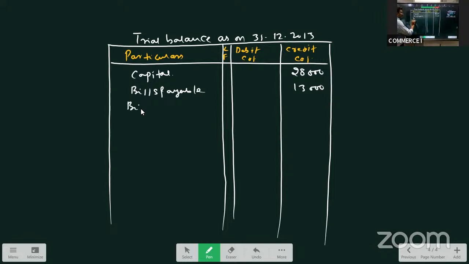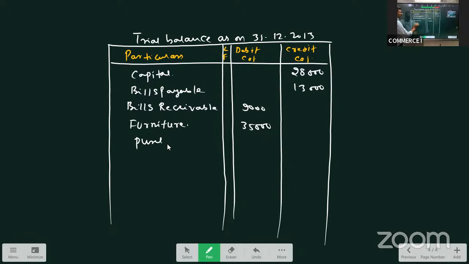It is an asset. I'll place it in the debit column. Furniture 35,000 is again an asset. I'll place it in the debit column. Purchases are an expense placed in the debit column.